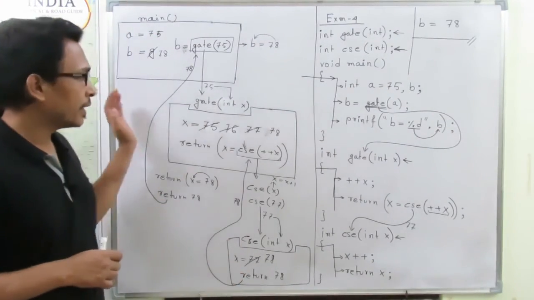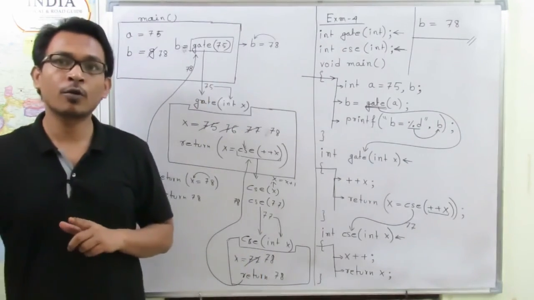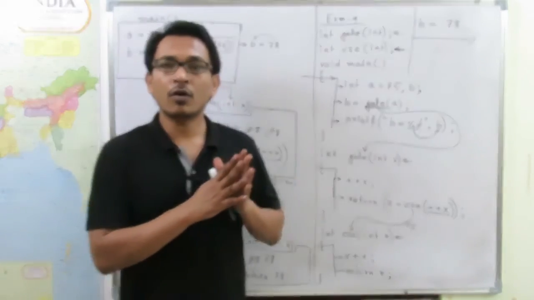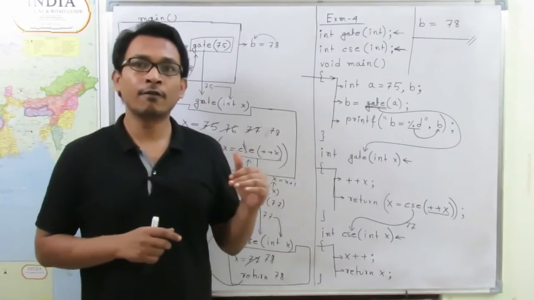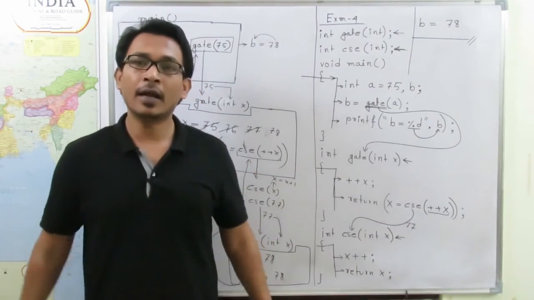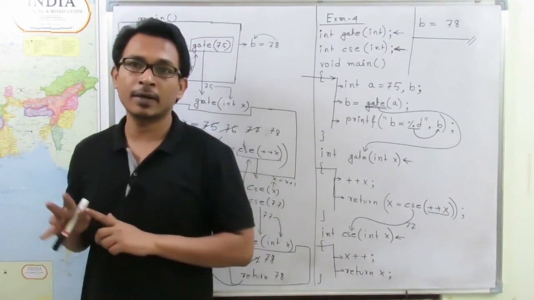Clear? So when we have two or more function calls in sequence, at that time for all the functions we have memory instances while the system executes that given program.